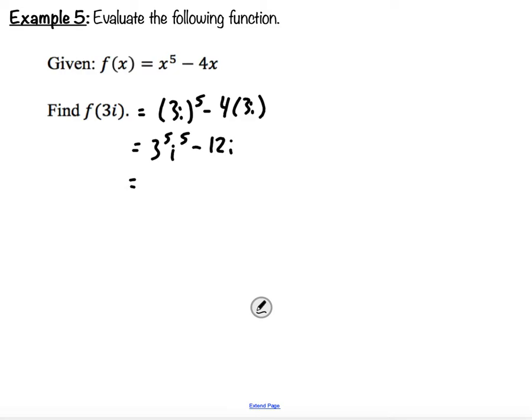So 3 to the 5th there is 243. And so now I to the 5th there, I got to write that in terms of i to the seconds. So I can rewrite that 243. I to the 4th there is the same thing as i to the 2nd to the 2nd, or you could write down i to the 2nd times i to the 2nd there for i to the 4th.